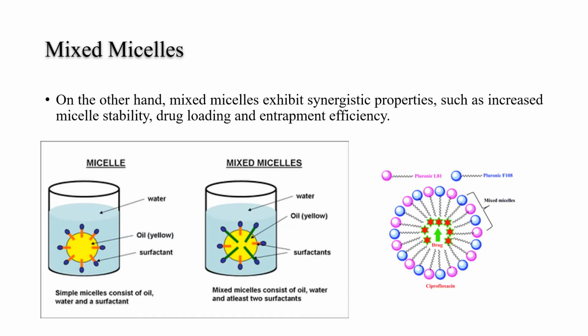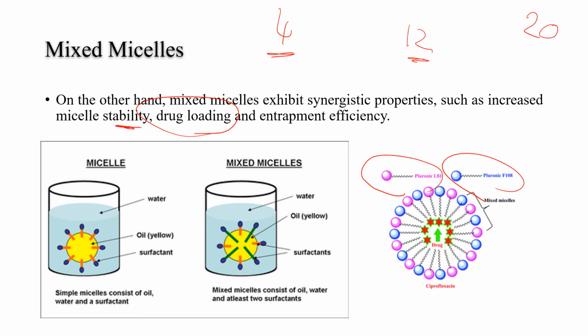So after that they created something called mixed micelle, and it's something very simple also. Instead of using a single type of surfactant, we can use 2 or 3 types of surfactant, and by using many types of surfactant we can increase the micelle stability, the drug loading and encapsulation. Because for example, if the drug needs HLB 12 and we don't have HLB 12, we have a surfactant with HLB 4, very lipophilic, and a surfactant with HLB 20.